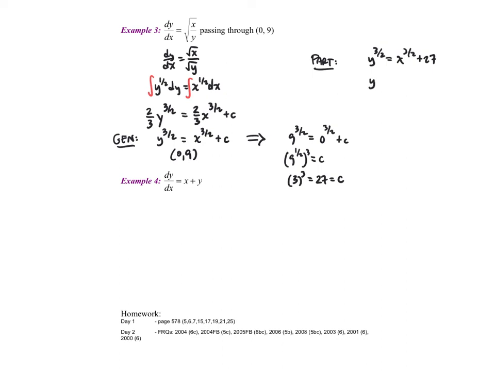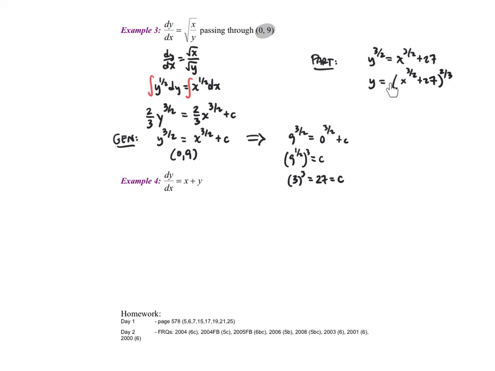I'm going to write this as y equals (x to the 3/2 plus 27) to the 2/3. Now notice I don't need plus or minus here. One, because (0, 9) will satisfy this. And two, because I have a cube root here.